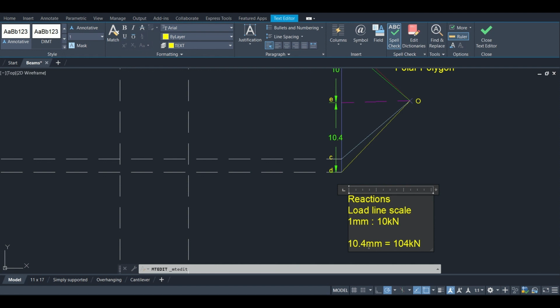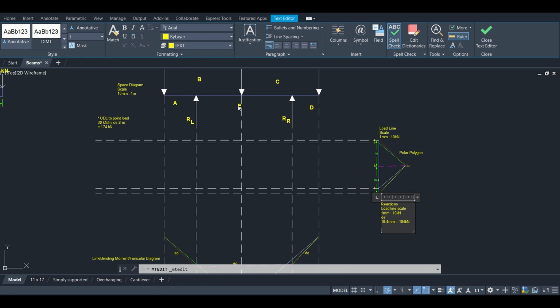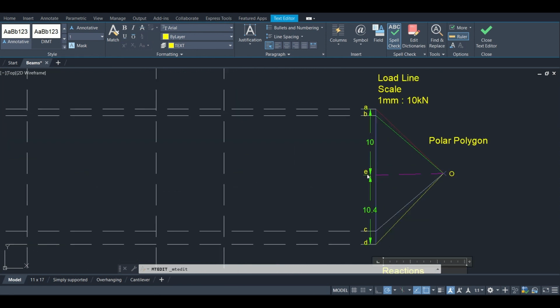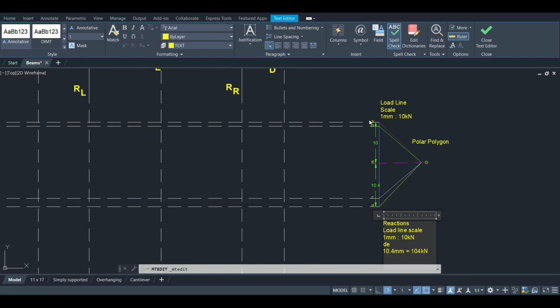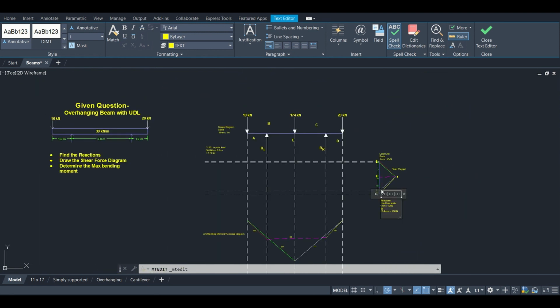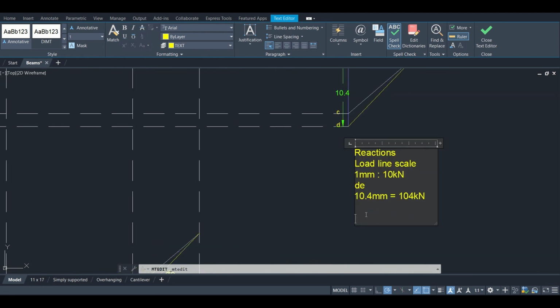So whatever value we measure and get, we must multiply that by 10 to get the kilonewton equivalent. And this is dE. And our next reaction by Bow's notation is EA. And so the dimension from E to A will represent its magnitude. And this is 10. So again, it's 10 millimeters, which would be equal to that times 10, 100 kilonewtons.